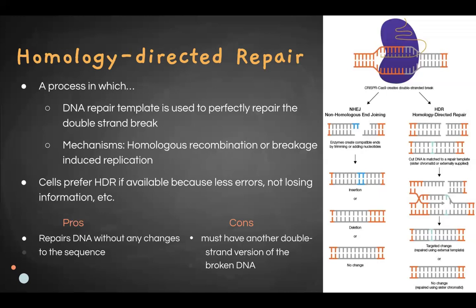And so the breaks are not going to be able to be fixed using homology-directed repair, which would be ideal, and the cell would have to use non-homologous end joining.